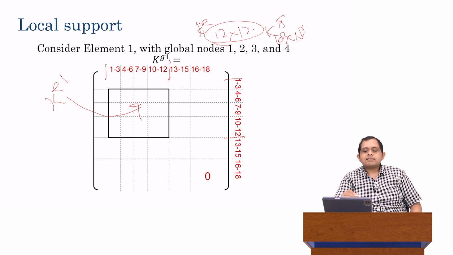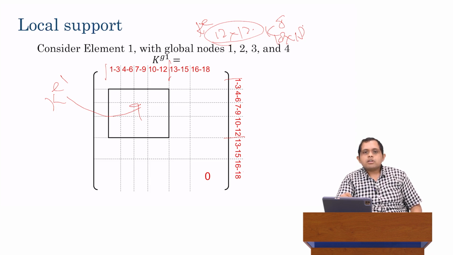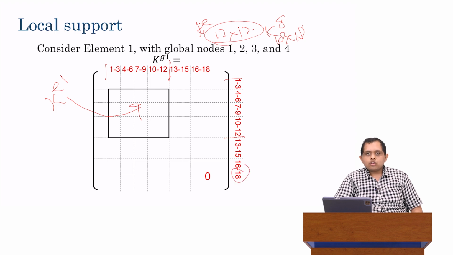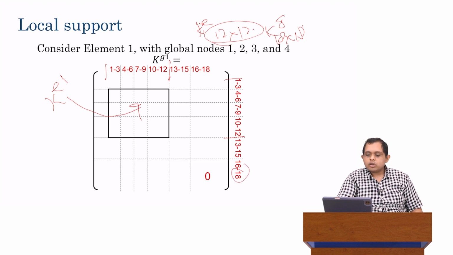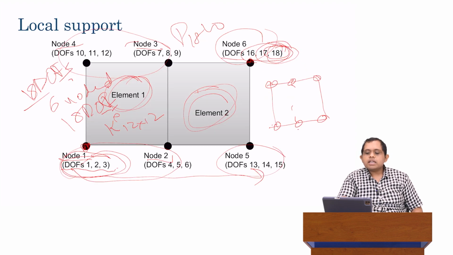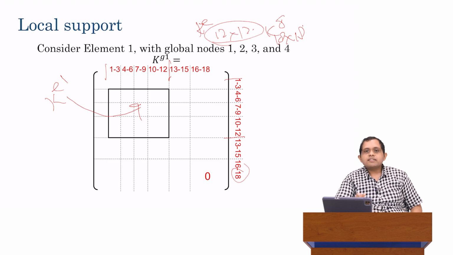We said we are assuming that any degrees of freedom which are not connected within the same element are not connected to each other. So, for example, degree of freedom 18 is not connected to any of the degrees of freedom in KE1, because degree of freedom 18 is not part of element 1. Another way of writing that is the stiffness matrix which connects degree of freedom 18 with element 1 is basically zeros. That is, there is no connection.